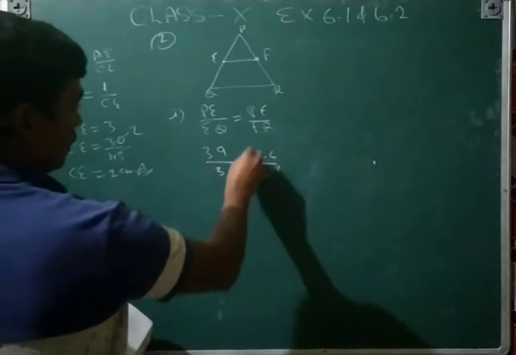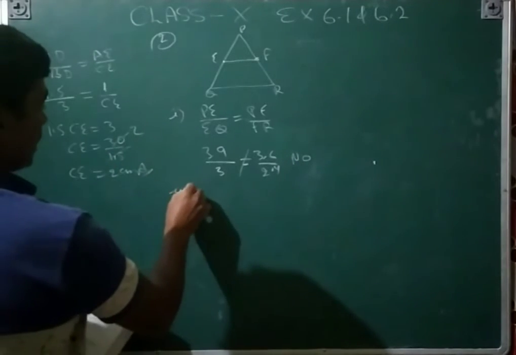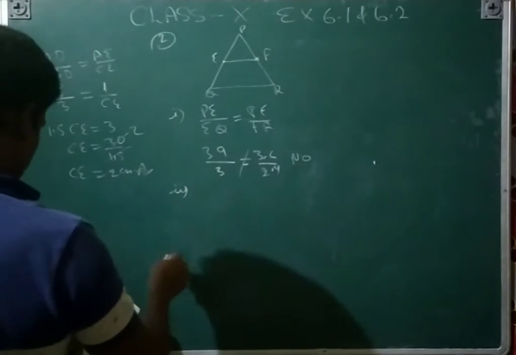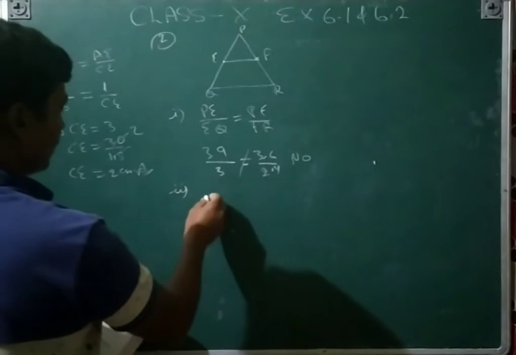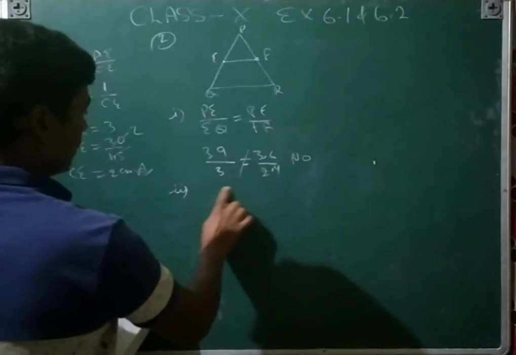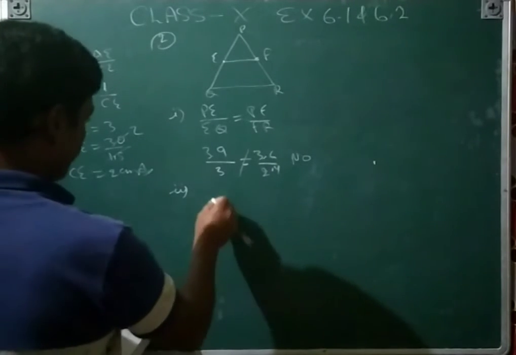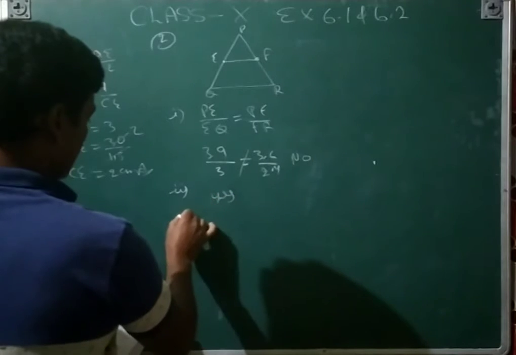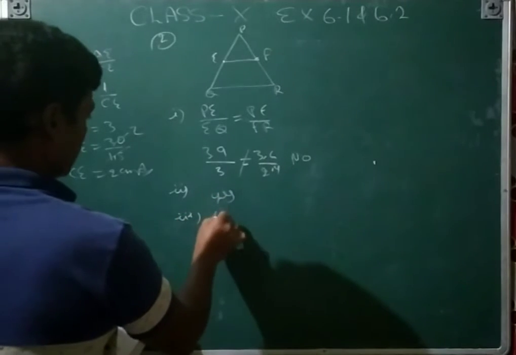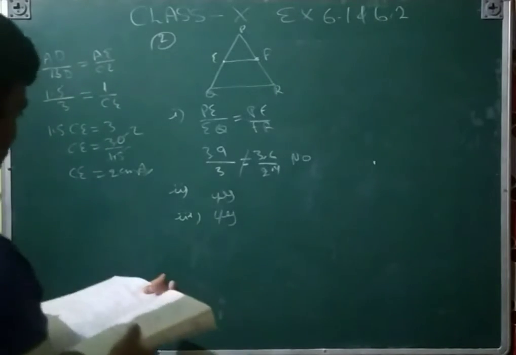Both are not equal, so no, this is not parallel. Similarly, for the second case, by putting in the values, that will be yes, and the third will also be yes by putting in the values in the same way. Now the question number third.